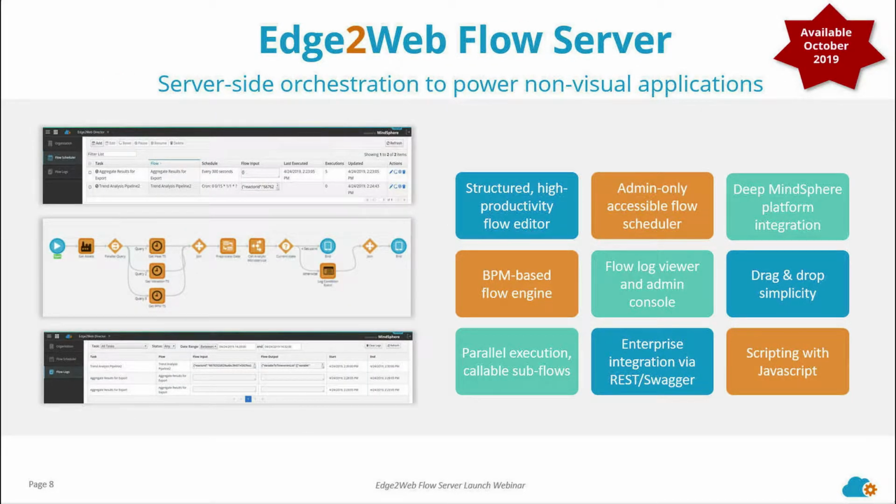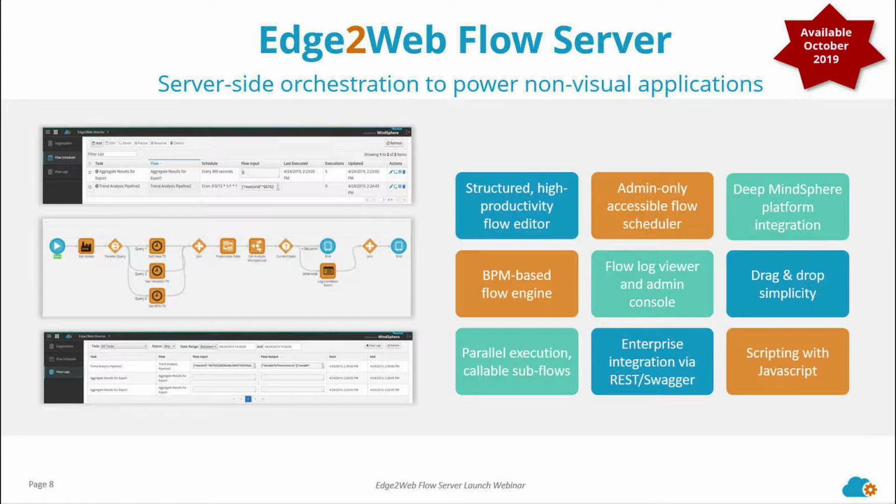FlowServer, on the other hand, which is really the focus of today's webinar, is a server-side orchestration solution. As we'll see in just a moment, it's based on the same Edge2Web infrastructure stack as Director uses, but the goal of FlowServer is different.